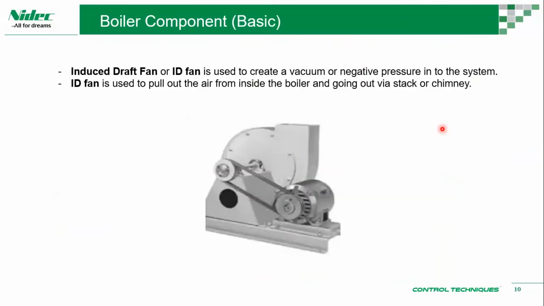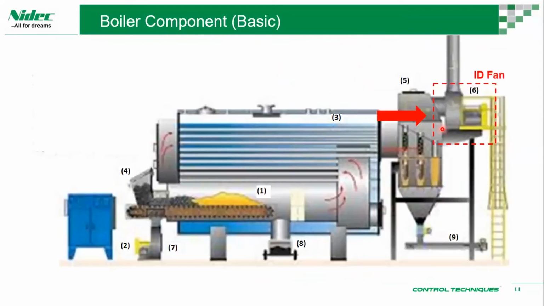So this is the induced draft fan, or ID fan. The ID fan is used to create some vacuum, or negative pressure, in the system. This ID fan gives negative pressure to the furnace because its function is to suction the gas.